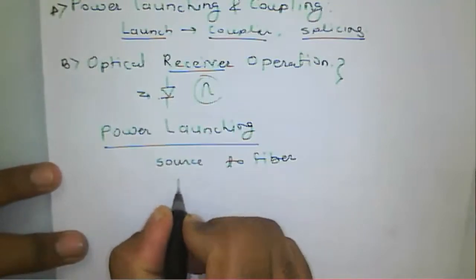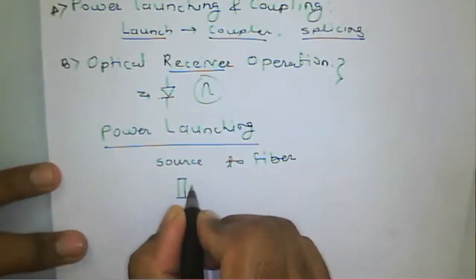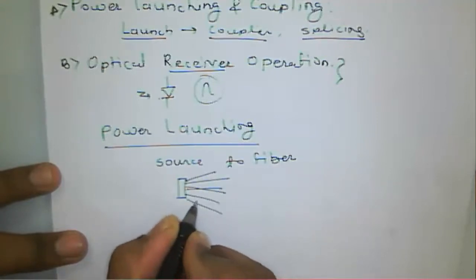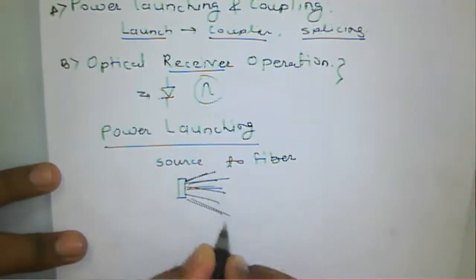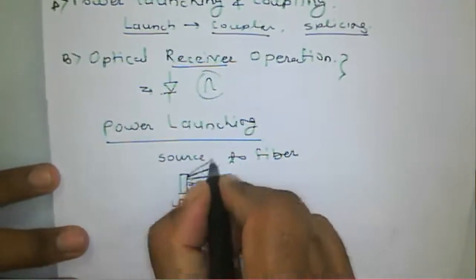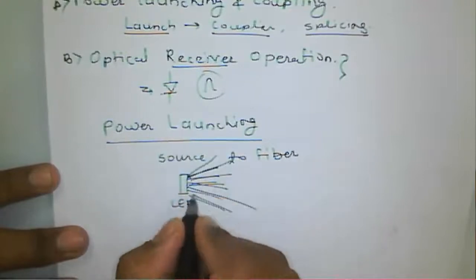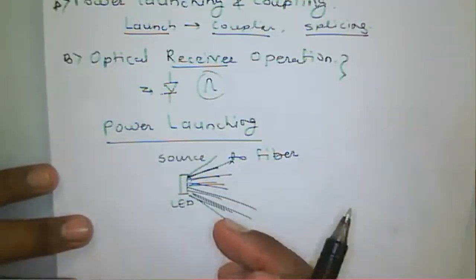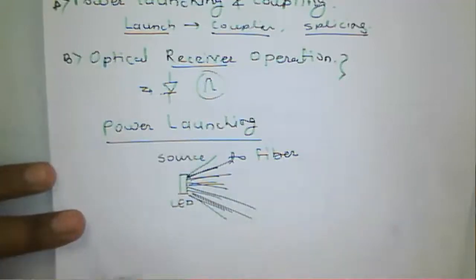Now suppose we have a light emitting diode, an LED. This is your source. It emits radiation, a photon of energy, in all directions.